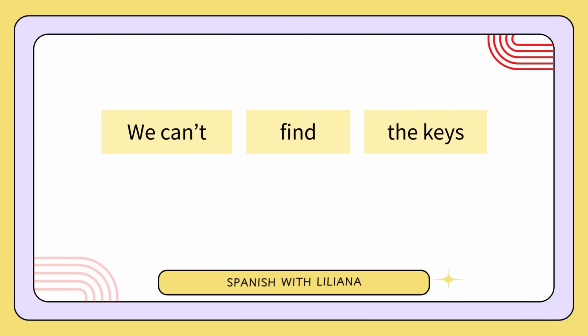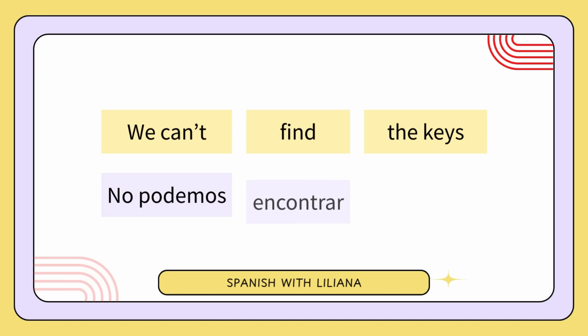The next sentence is, we can't find the keys. How would you say that in Spanish? We can't is no podemos. We can also add the pronoun if needed. We in Spanish can mean nosotros or nosotras. Nosotros no podemos. Find in this case is encontrar.